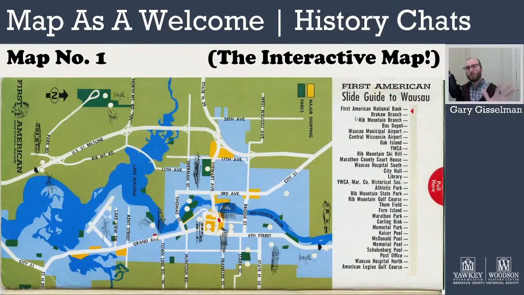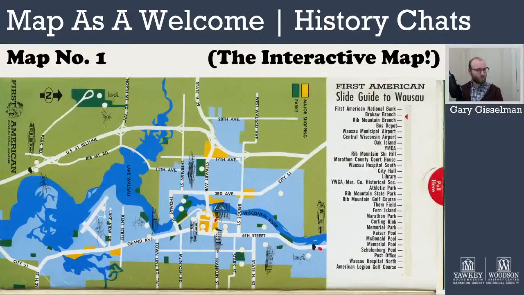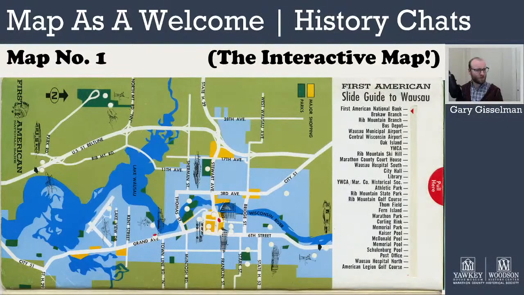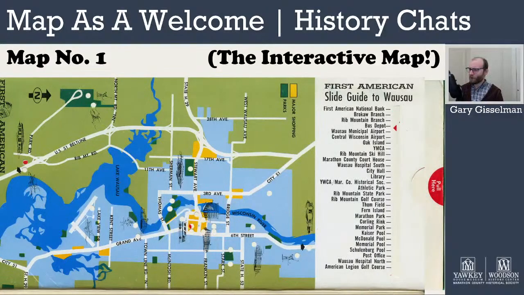It's not perfect, both because of the original and also my approximation of it here, but in theory, it's not really going straight. Maybe it is. If we wanted to see where, like, the bus depot was, I don't think this is quite correct, honestly.